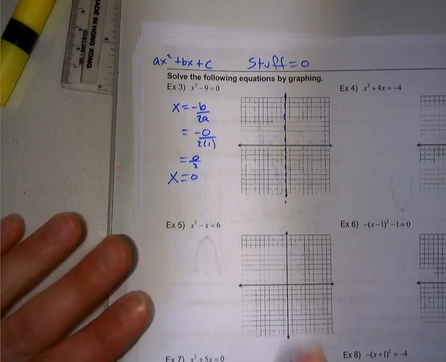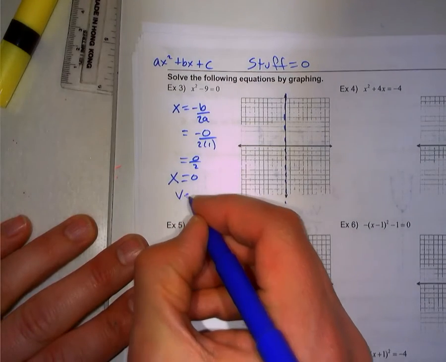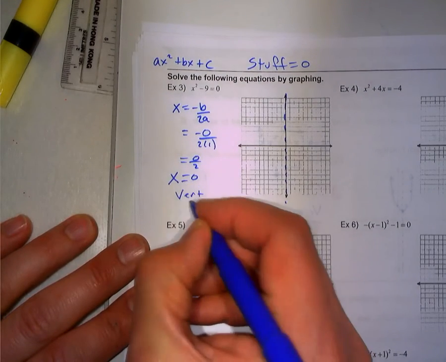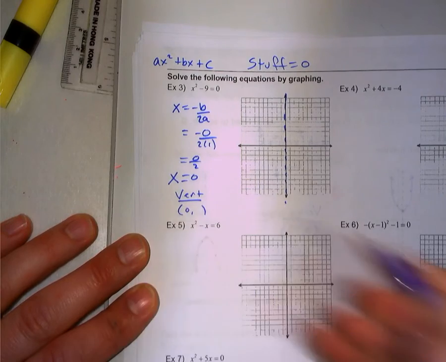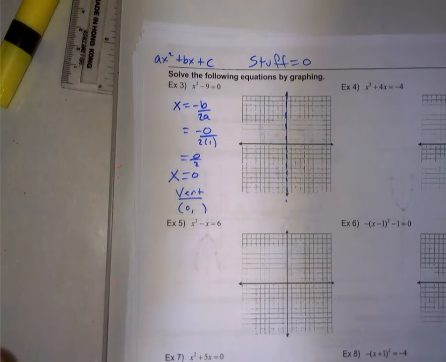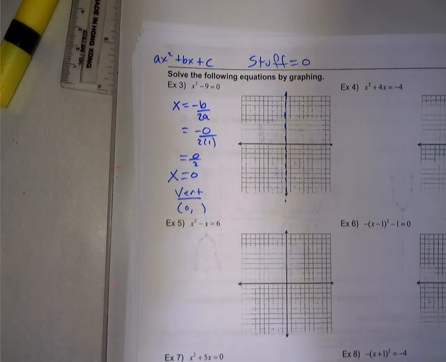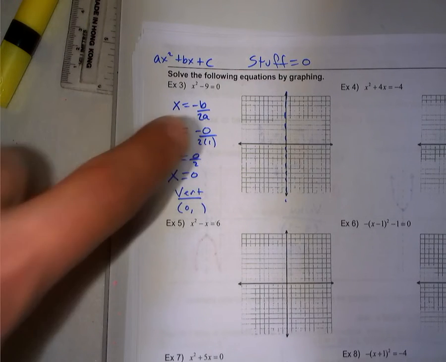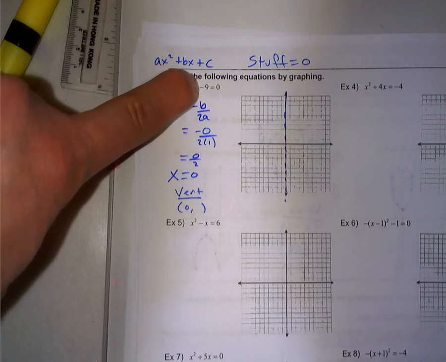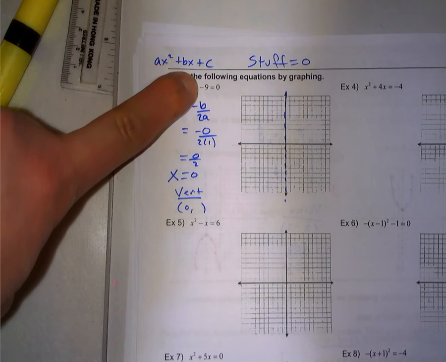All right. Vertex is 0 comma something. Plug in 0. 0 squared minus 9. What's 0 squared minus 9?